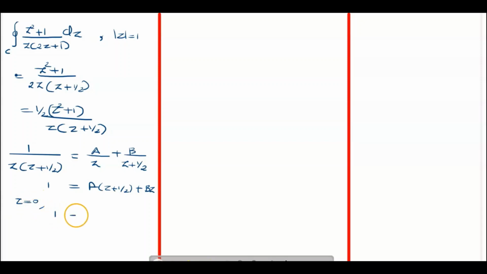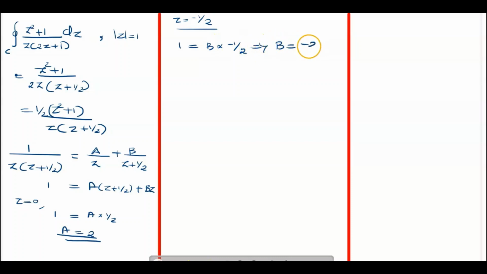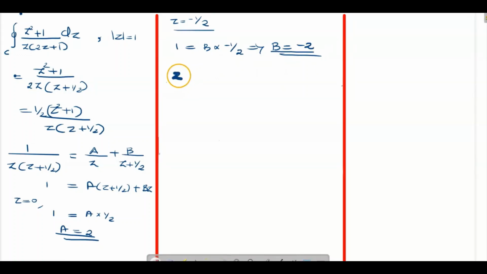What we get? 1 is equal to a into 1 by 2, that is a is equal to 2. And substitute z equal to minus 1 by 2: 1 is equal to b into minus 1 by 2, that means b is equal to minus 2. So a equal to 2 and b equal to minus 2, means z square plus 1.